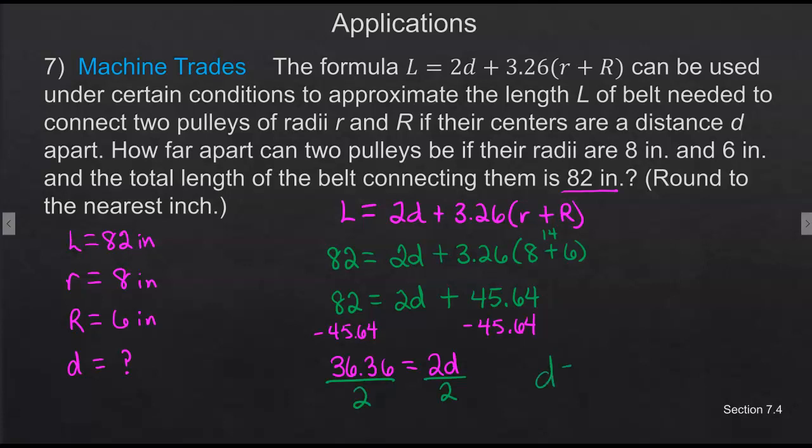And we find that D equals 18.18. Now this tells us to round to the nearest inch right here, if you read that. So D is 18 inches, right? So that's our solution for that formula.